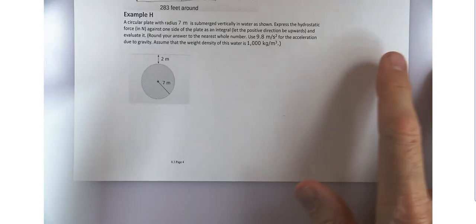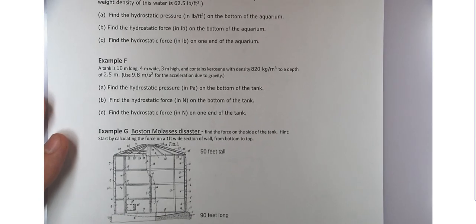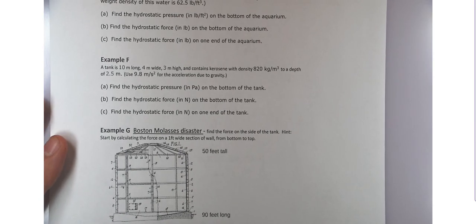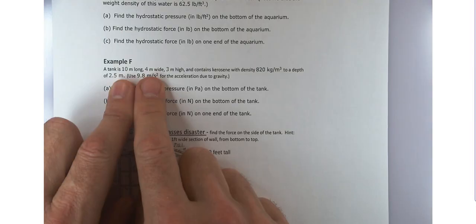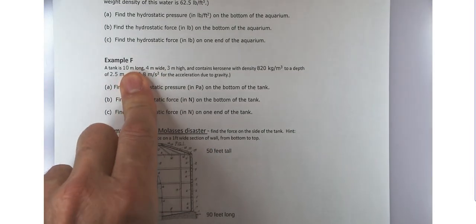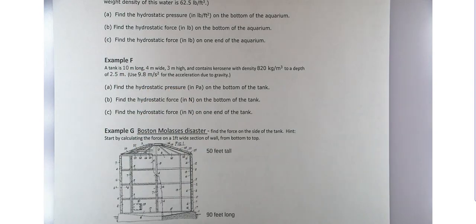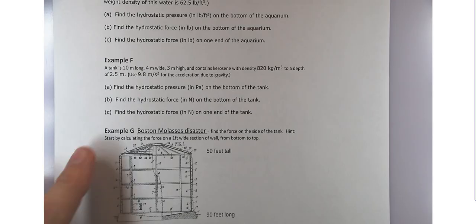Let's move on to example F. Example F is going to get a little bit different because we're dealing with the metric system. This time we have a tank that's 10 meters long, 4 meters wide, 3 meters high, and contains kerosene with a density of 800 kilograms per cubic meter to a depth of 2.5 meters.